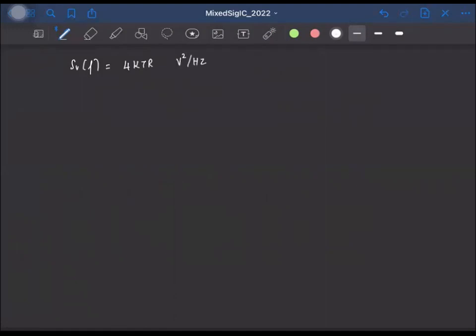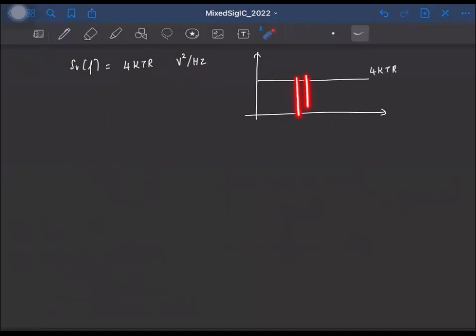Okay, so please recollect that this is just the spectral density. So what it really says is the power measured in a 1 hertz bandwidth. Since here we have a flat power spectral density, 4 kTr, if you measure the power of the signal in any 1 hertz bandwidth, it is equal to 4 kTr.